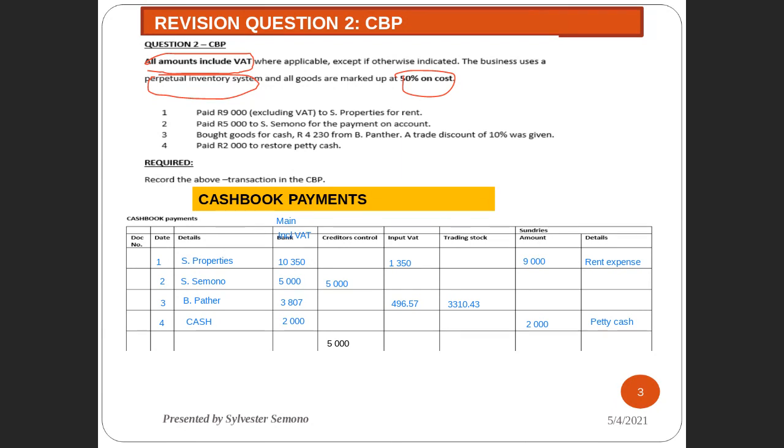3310.43. For the 11,000. I think I understand. Help me with the other columns. Which column under?